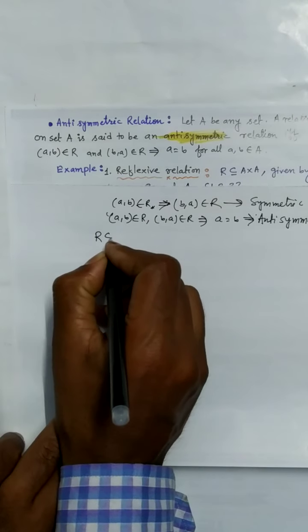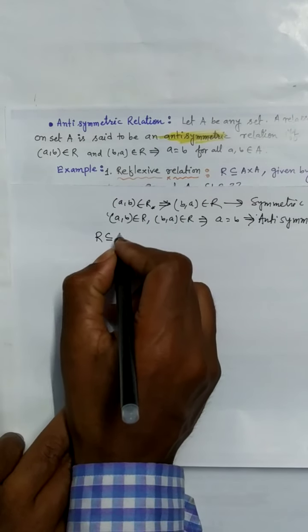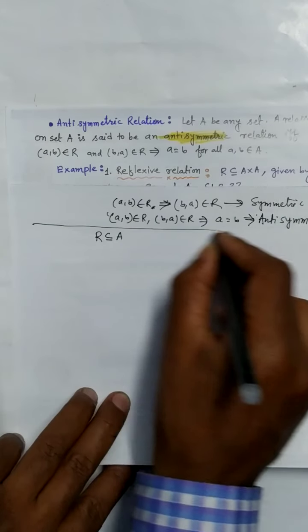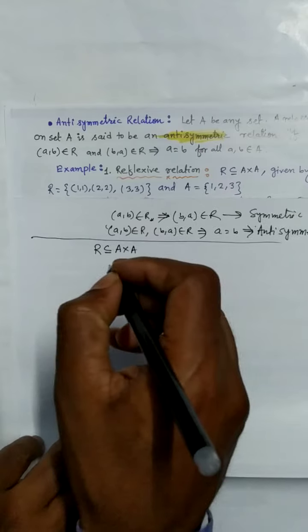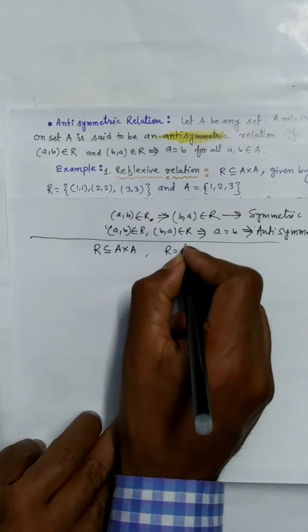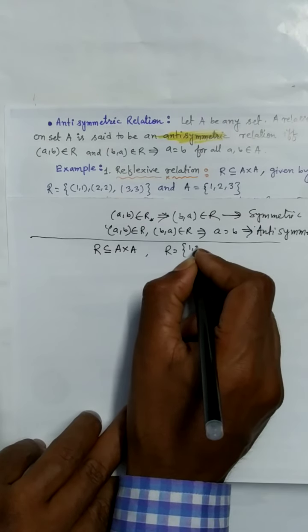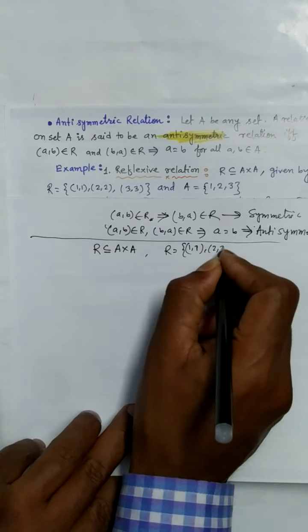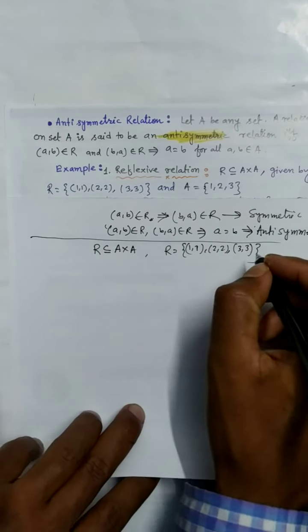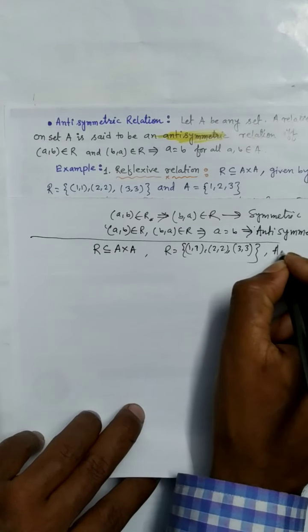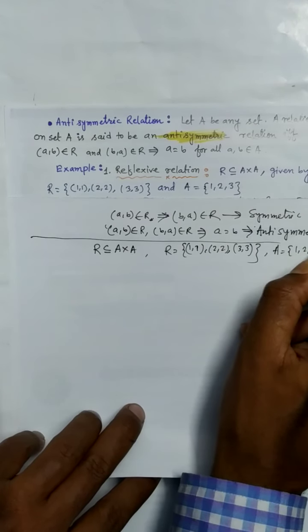So we will see an example of reflexive relation. Suppose R is a relation on a set A, then R will be a subset of the Cartesian product A cross A. So our relation is given like this: (1,1), (2,2), (3,3). It is given in roster form, and our set is given as {1, 2, 3}.